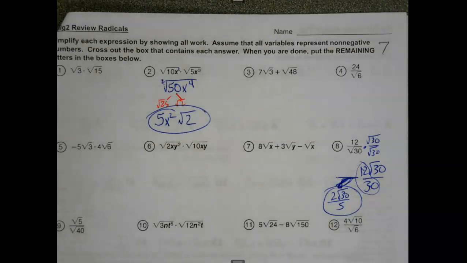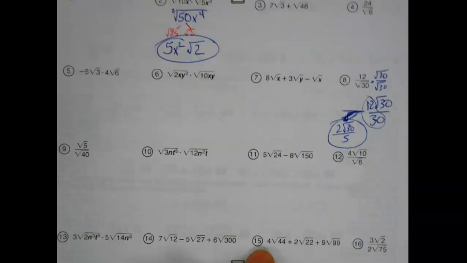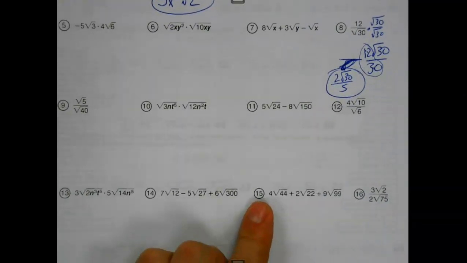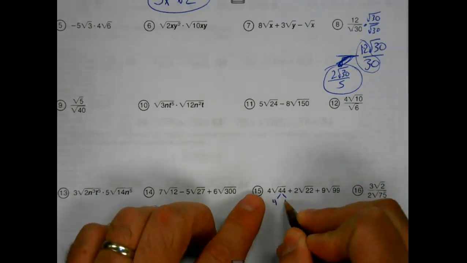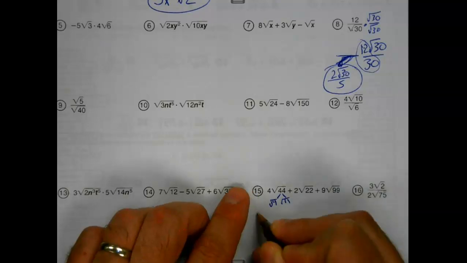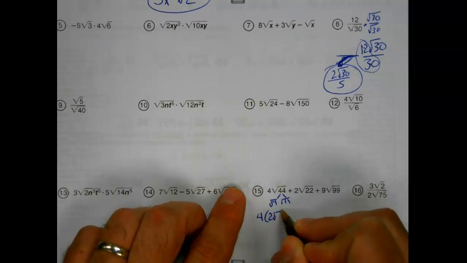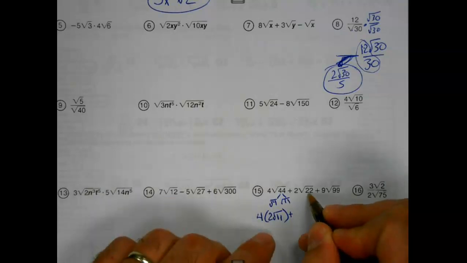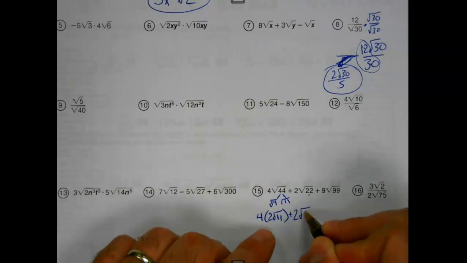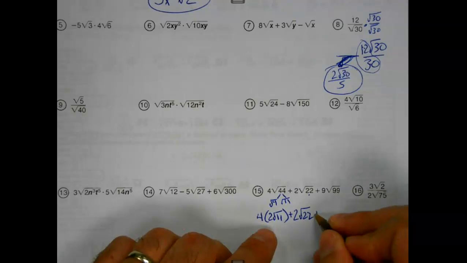One other one I want to take a peek at with these, just because it's a little different, is 15. Because on 15, I start to do my breakdowns. Now 22 doesn't break down at all, so we're going to leave that one for the moment.